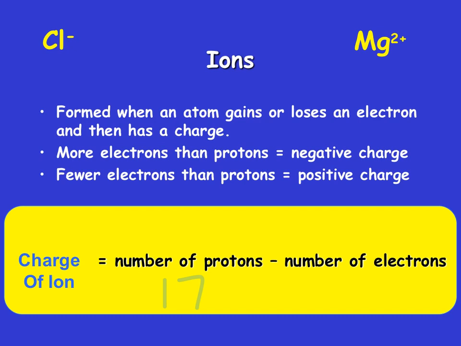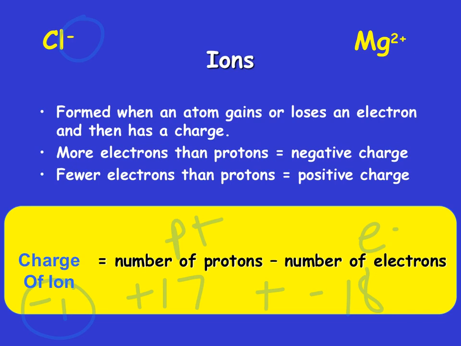From our thing here, we know it has a -1 charge, so we can figure out that it will end up with 18 electrons because electrons have that negative charge associated with it, while protons have that positive charge. So I like to say it this way: if you take 17 positive plus 18 negative, it's of course going to give you -1, and that's the charge you can see on the ion here.